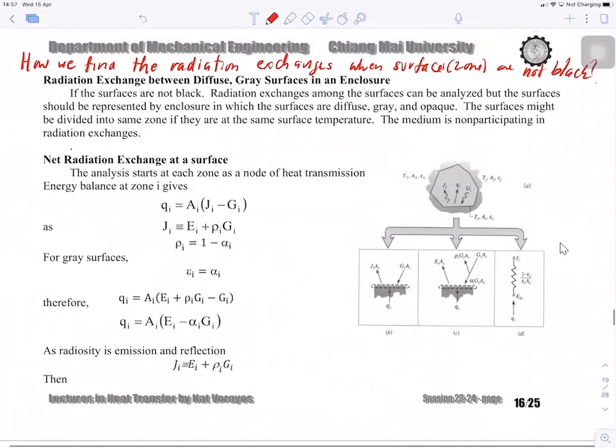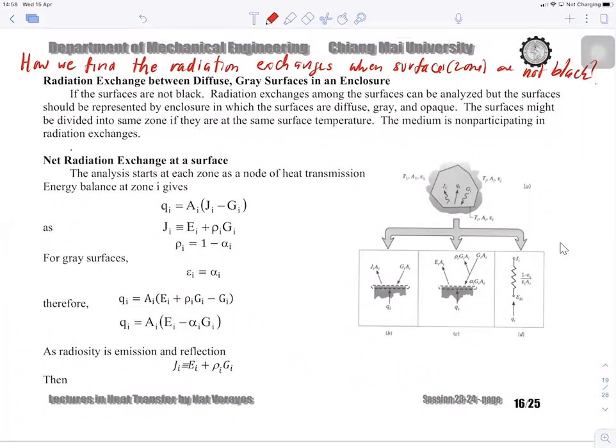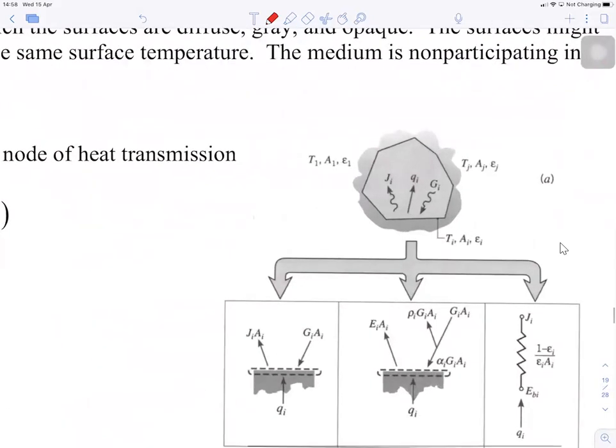Let me zoom it in. Okay. Because previously we dealt with the surfaces when they are all black. But right now, if it's not black, how do we deal with it? Well, we have the whiteboard. So let's give the example. Set up the enclosure first.